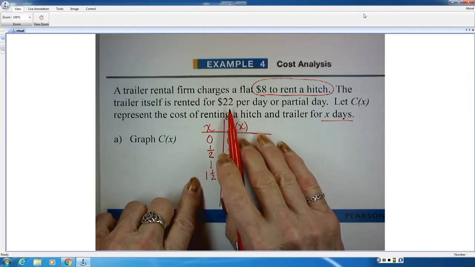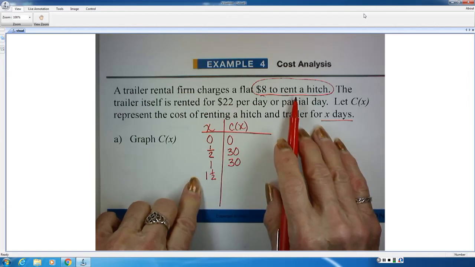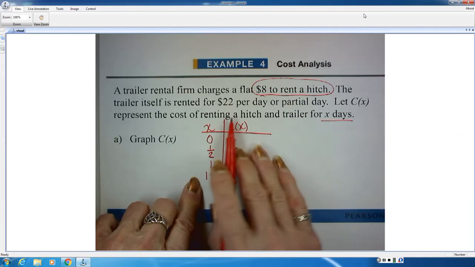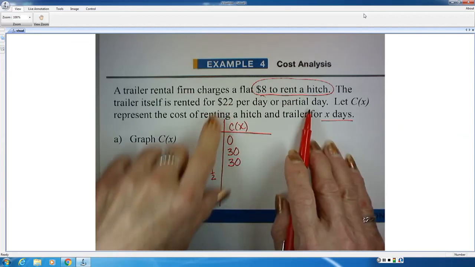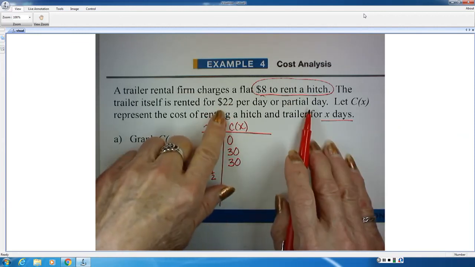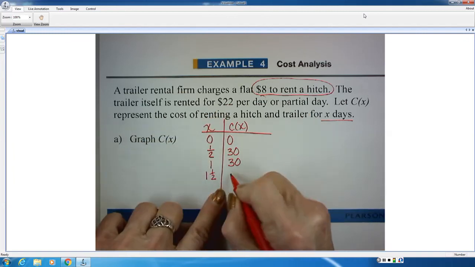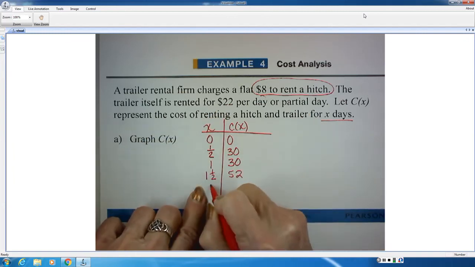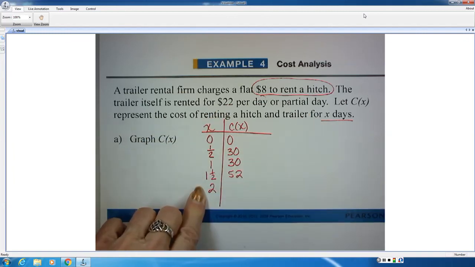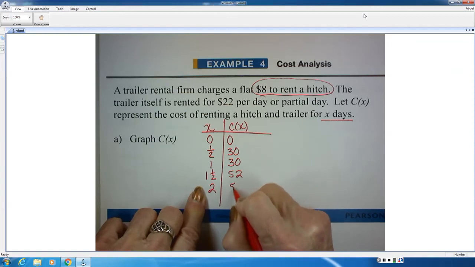It costs you another $22. You don't have to rent the hitch again. It's rented. You don't get a per day charge. But if you're keeping the trailer another day, it's going to cost you $22. So this is going to be $52. And if you keep it all the way up to 2 days, it's going to cost you $52.